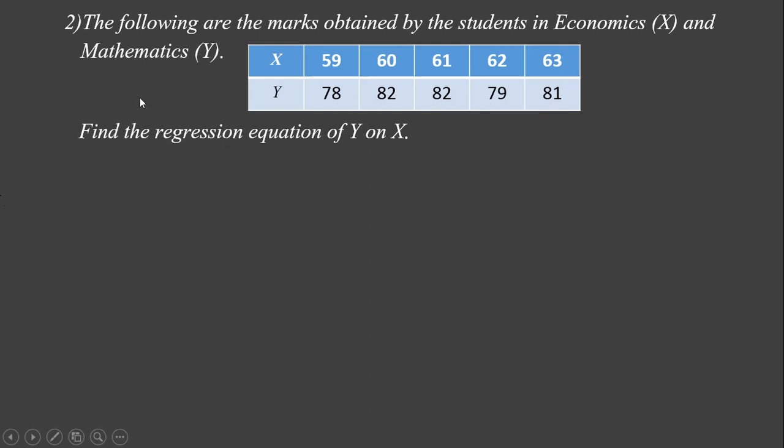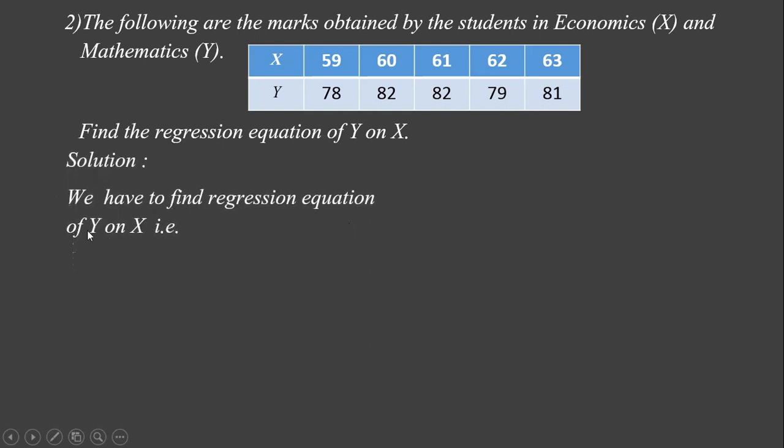Now in this example it is mentioned clearly that we have to find the regression equation of y on x. That means we want to predict y and the value of x is given. That means we have to find the equation y minus y bar is equal to byx into bracket x minus x bar.